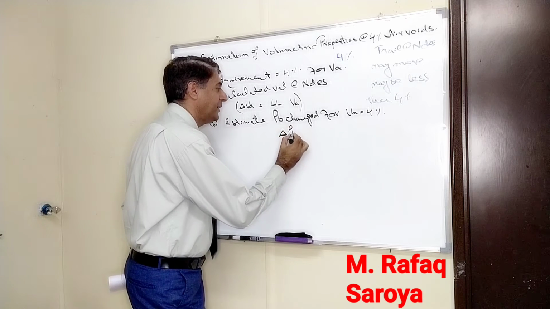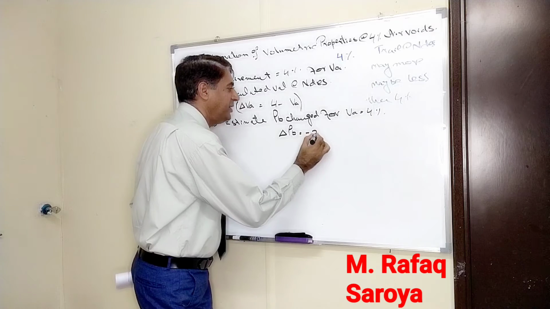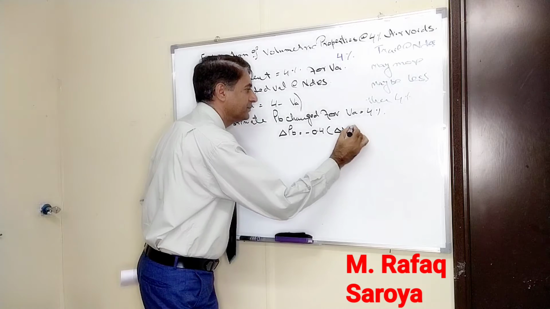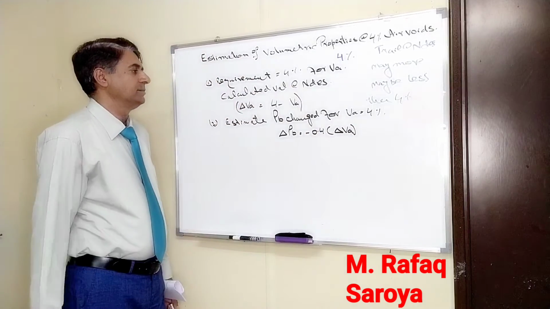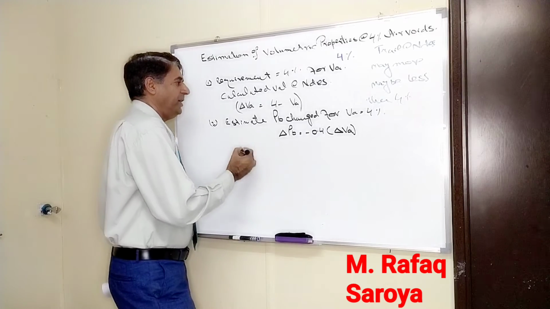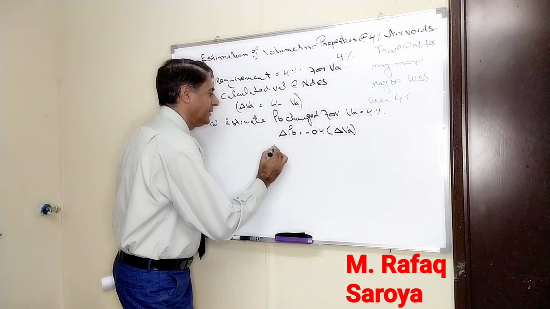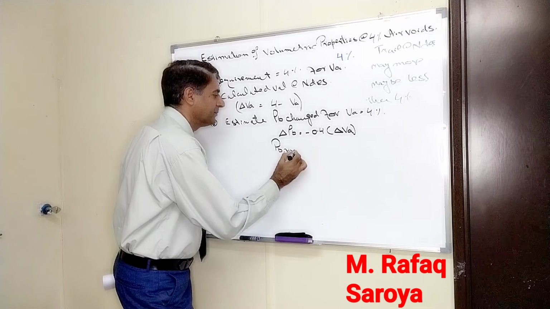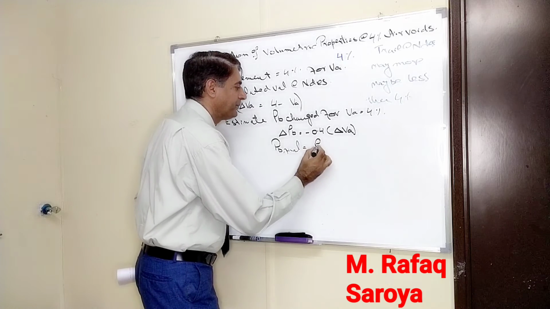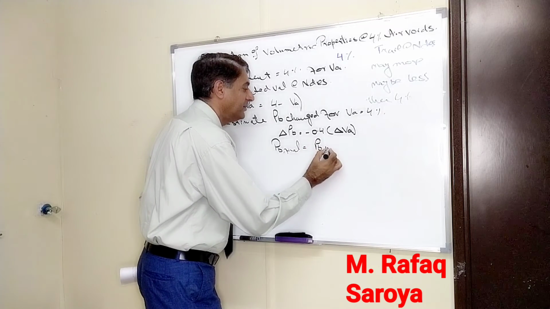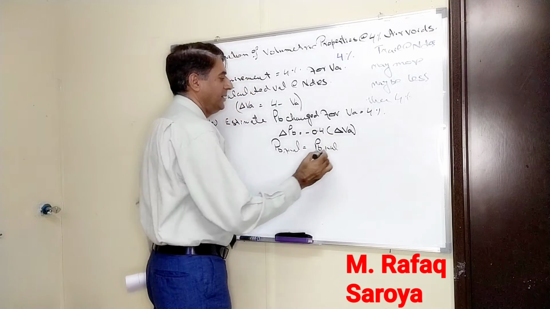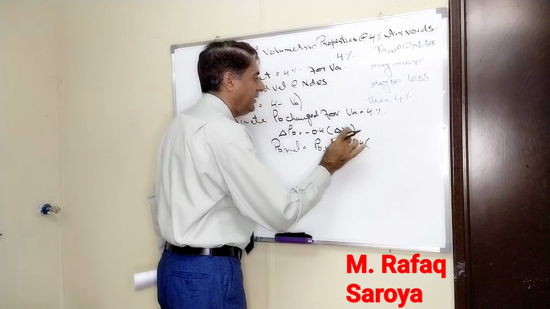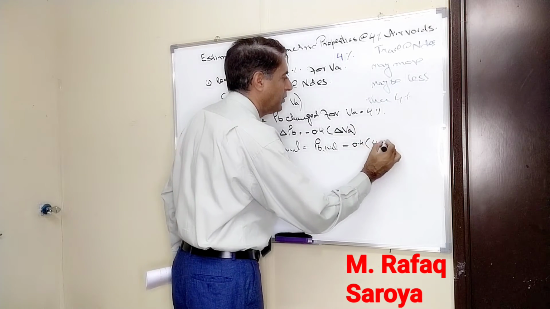Delta PB is equal to minus 0.4 into delta VA. This is the equation. It means what will be our final binder content? We can write PB final is equal to PB initial, which we have used at the trial, minus 0.4 delta VA, where delta VA is 4 minus VA.